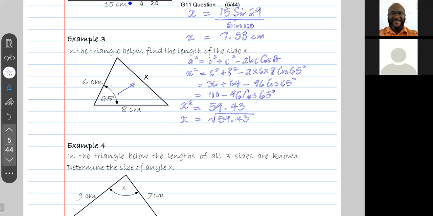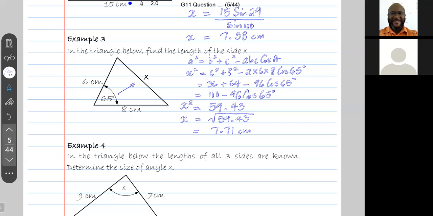Press equal, same answer, 7.71 centimeters.